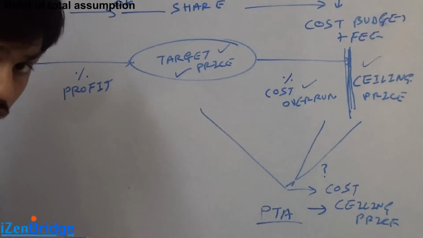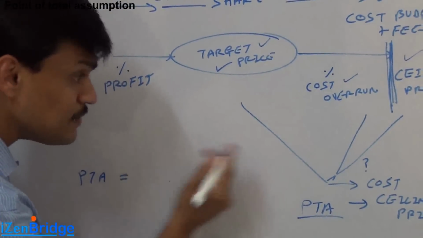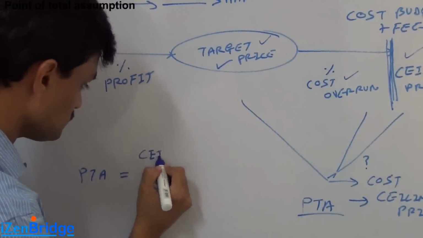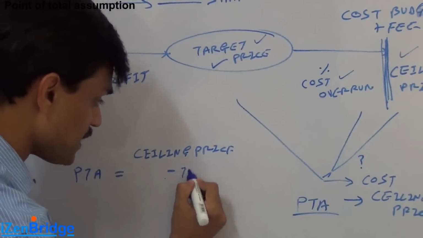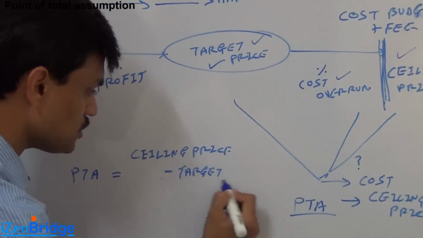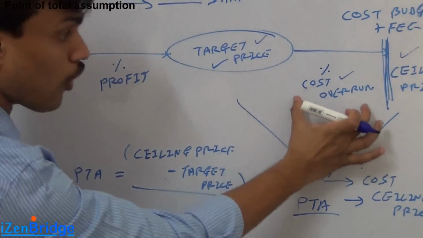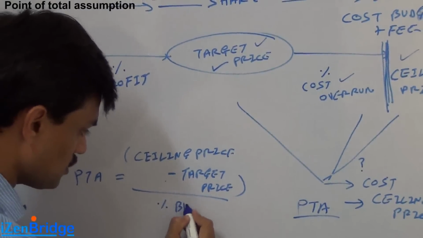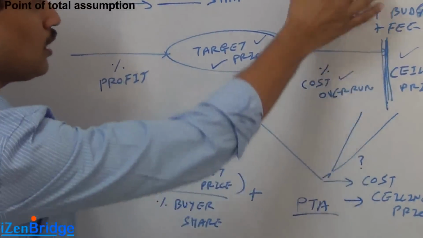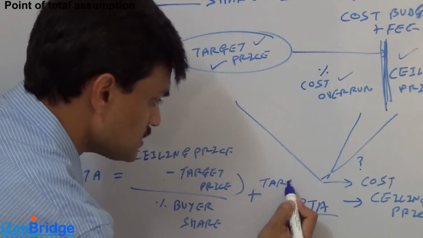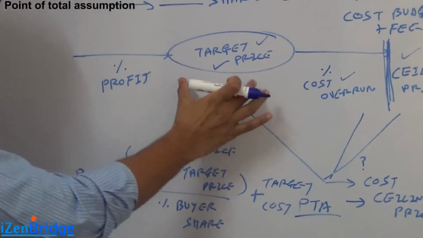Now, if you look at it in formula terms, the PTA is equal to ceiling price minus target price, so this is kind of a flexibility range, divided by buyer's cost share, plus target cost. This is the budget which the seller has prepared for this target price.